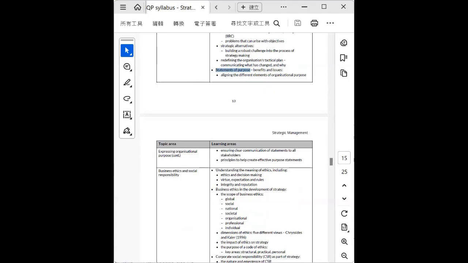So make sure that when you see some vision and mission statement in the case, you can discuss whether this will align with the strategic objective or not. The alignment will avoid internal confusion or contradictions and strengthen the trust of the stakeholders.